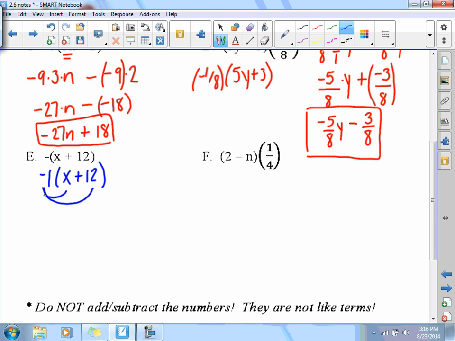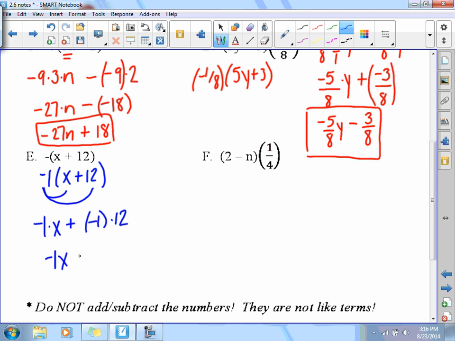Now here I wrote my little rainbows underneath just because of space. If I would have written them up above, I would have gone in the original problem and covered it up. So I'm not doing anything different. I'm still distributing the negative 1 to the x. So negative 1 times x plus, and I'm going to have my negative 1 times 12. Now negative 1 times x is just negative 1x.